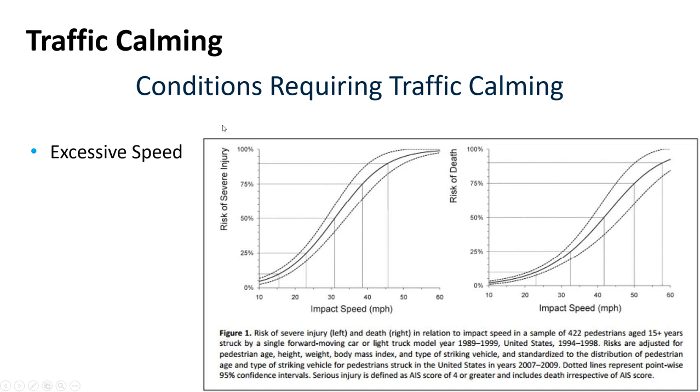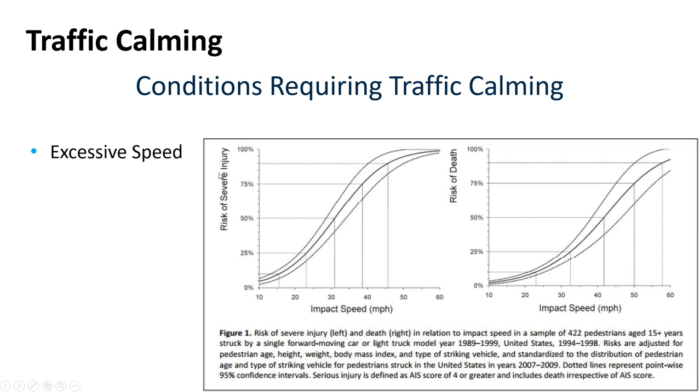So risk of severe injury, if you're going over, I think it's about 45 miles per hour, almost, you've got a 90+% chance of dying if you get hit by a car going 45 or more, right? You drop down to a car that's only going 25 and it's only a 25% chance of dying. That's still bad, right? But there's a huge change based on the speed of the car.